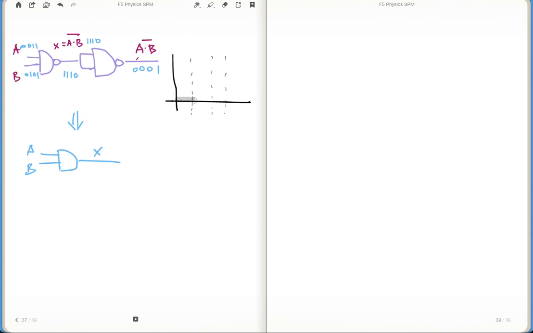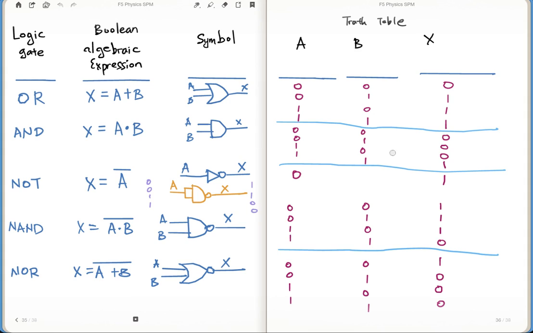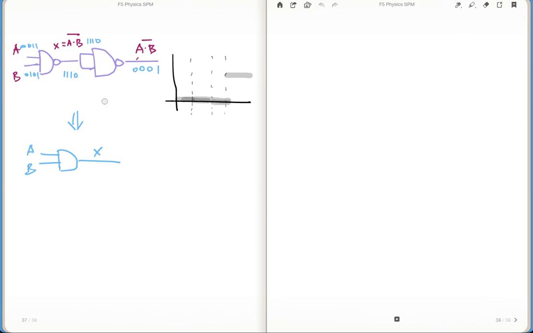For the AND gate, the output is actually 0, 0, 0, 1. So in order to get the same effect as an AND gate, all you need to do is use two NAND gates arranged in this manner, and you get the same effect.